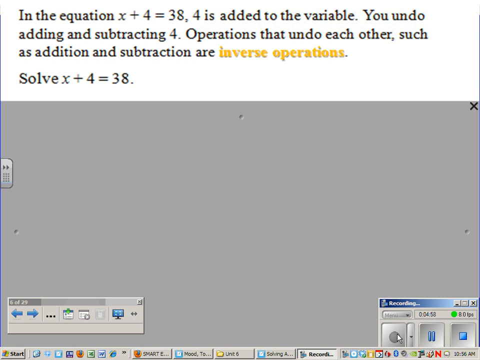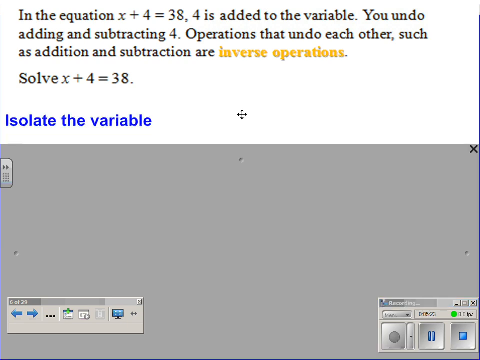After this, step 2 is what? Combine like terms. Like terms mean if you have more than one of the same variable in a problem. So if this was x plus 4x plus 8, I'd want to combine the x's. We don't have any here, so we do not need to do step 2. Step 3 is what? Isolate the variable.